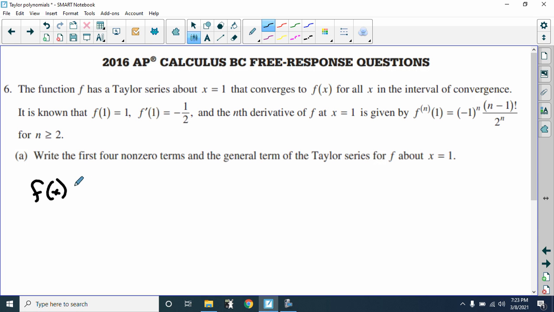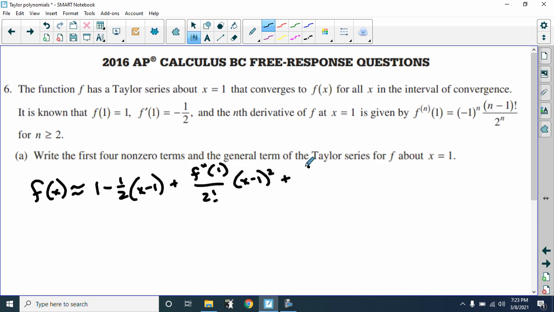So the Taylor series for f is the function value, so that's 1, plus negative 1/2, the derivative times x minus 1 to the first, plus the second derivative at 1, which we'll evaluate in a minute, divided by 2 factorial times x minus 1 squared, plus the third derivative at 1, divided by 3 factorial times x minus 1 cubed.